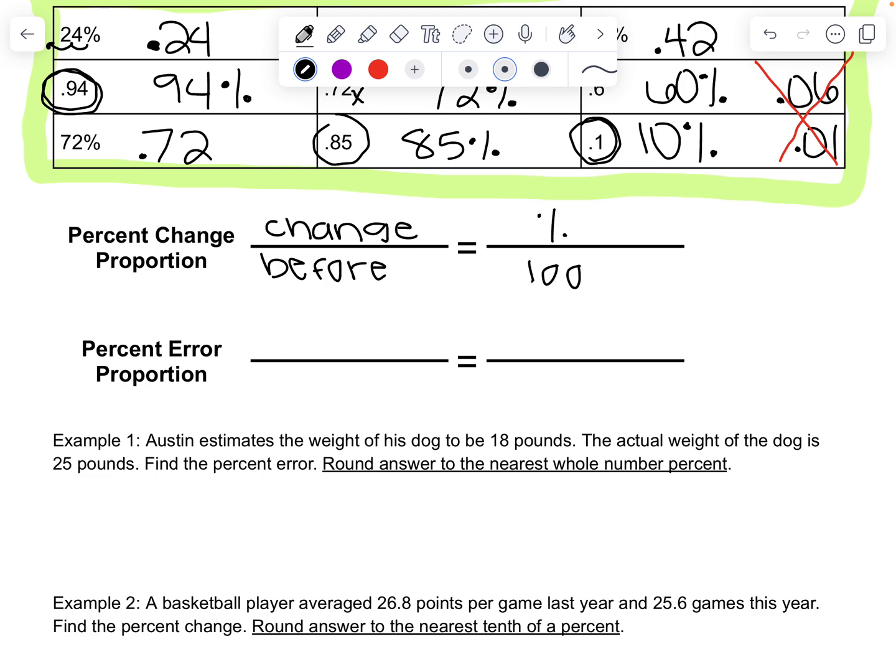Go ahead and pause this and write this down on your cheat sheet. So write this proportion down on that cheat sheet. The percent change proportion is in the second row. And then we're going to talk about percent error. The percent error is also the change over the correct amount, with percent and 100 over here.